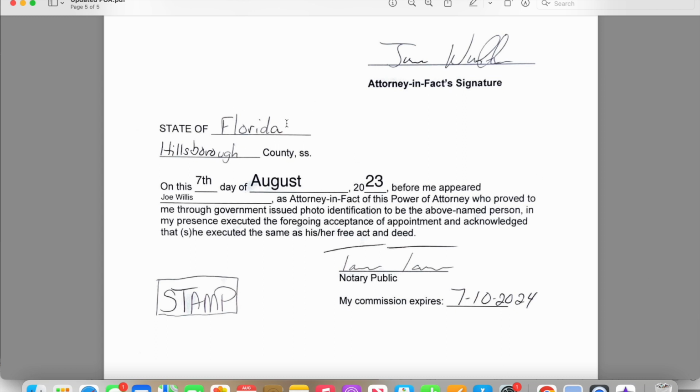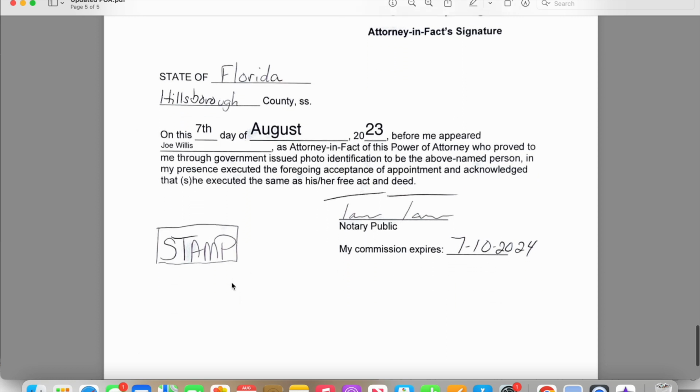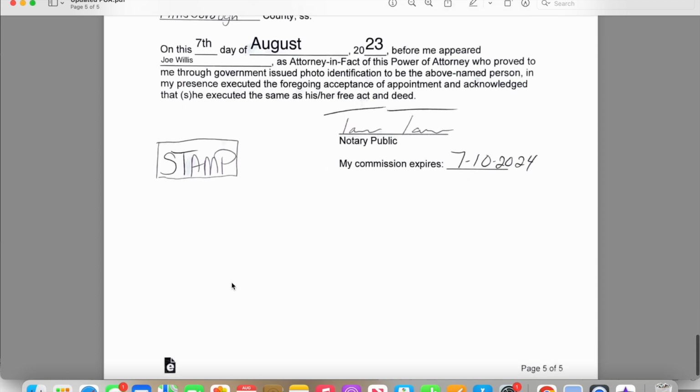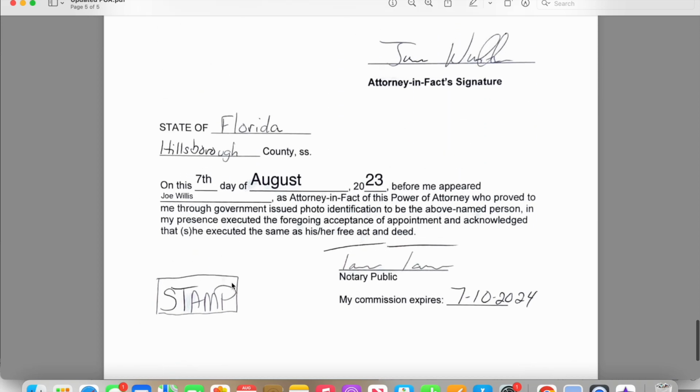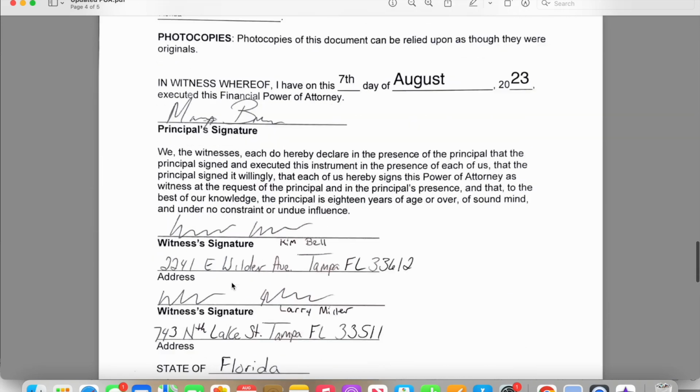So here, the state is going to go there. The county is going to go there. The date and that person who is the attorney in fact, their name is going to be printed there. You as the notary, you would sign. You would put your commission expiration date, and then you would stamp. So once again, remember, wherever you sign, you need to have a stamp. And that would pretty much be the end of this document.